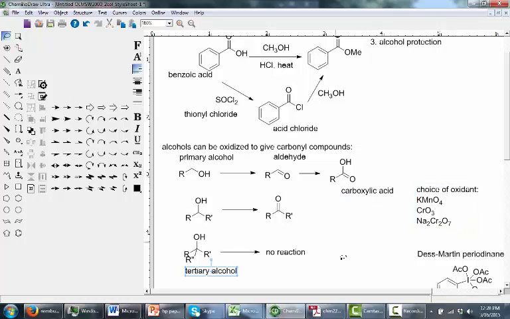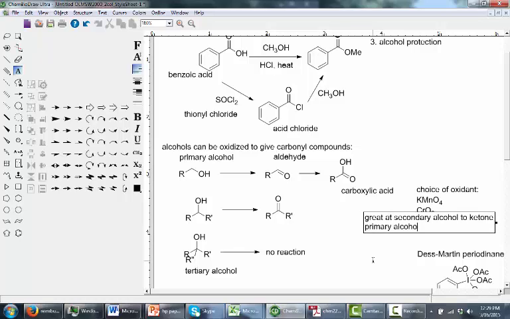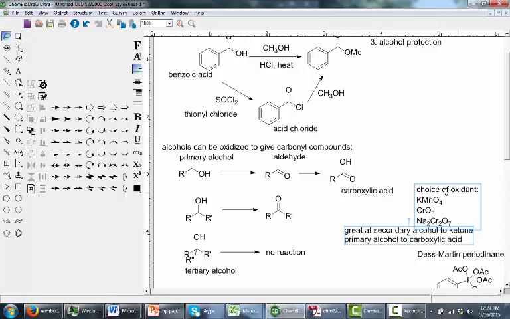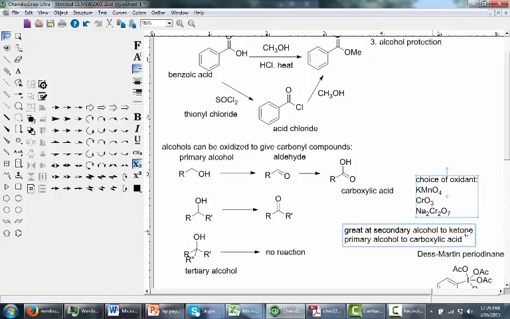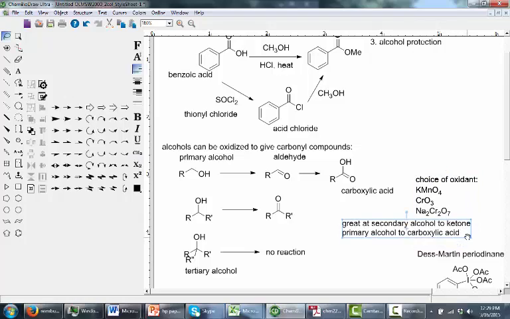Okay, and these are great at secondary alcohol to ketone, and they are also great at primary alcohol to carboxylic acid. Any of these choices of oxidants, the KMnO4, CrO3, and Na2Cr2O7, can all do the secondary alcohol to ketone oxidation. They can also do the primary alcohol to carboxylic acid oxidation.